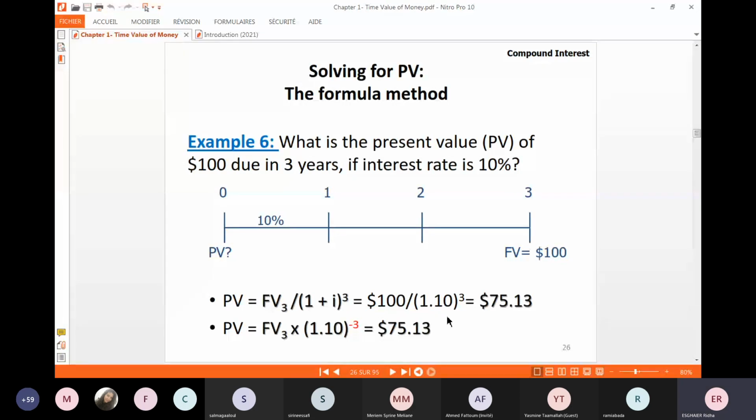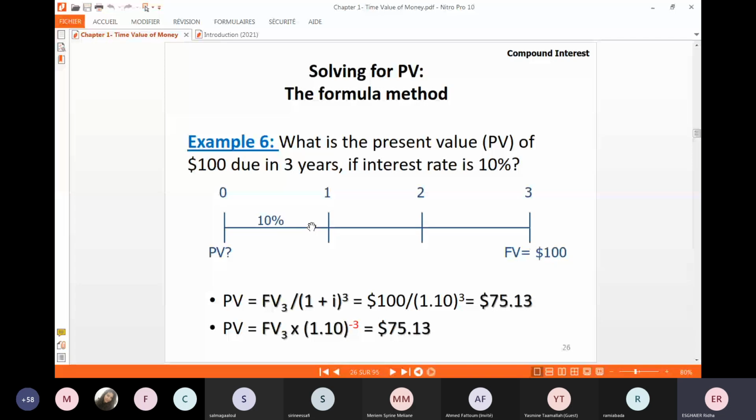What is the value today of these $100 in today's dollars? We simply divide the 100 by 1 plus i to the power of the number of years of discounting, from 3 to 0: 1 year, 2 years, 3 years, power 3.